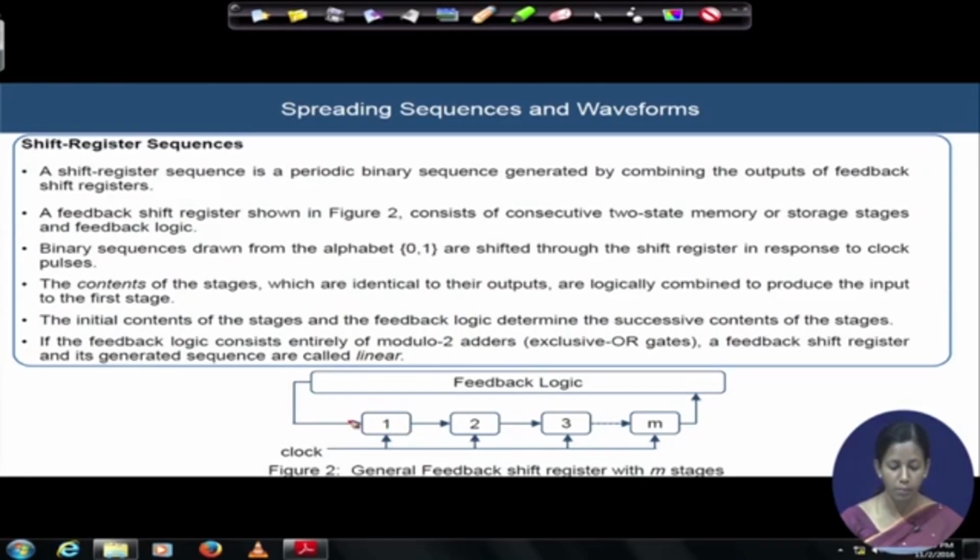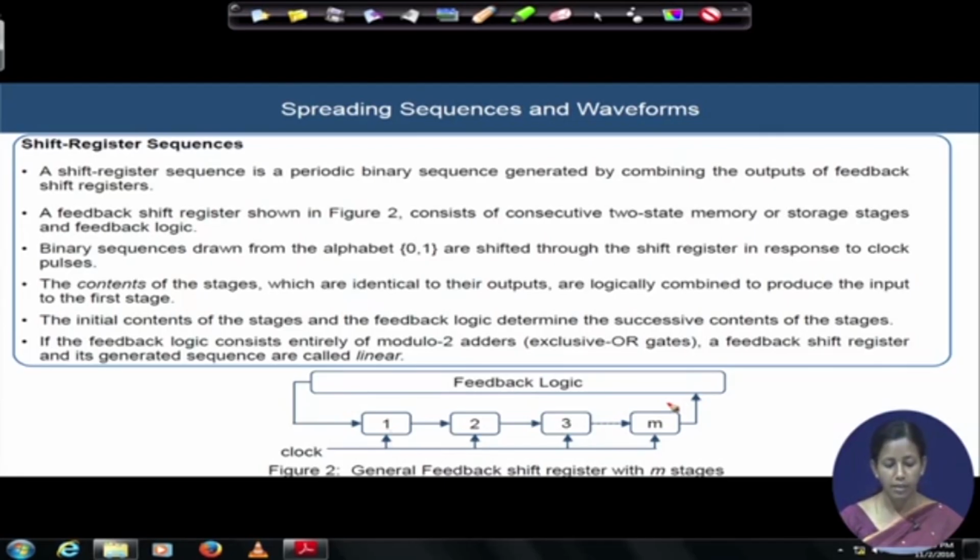So, all these memories can store either the value 0 or 1, and the outputs of these memory stages are combined logically. The output of this logic circuit will be fed back as the input of the first memory of the first stage, and the clock will control the proceeding of these values from stage to stage.